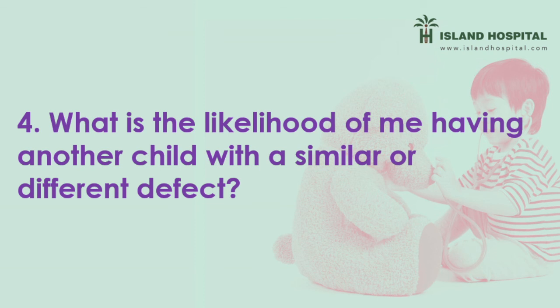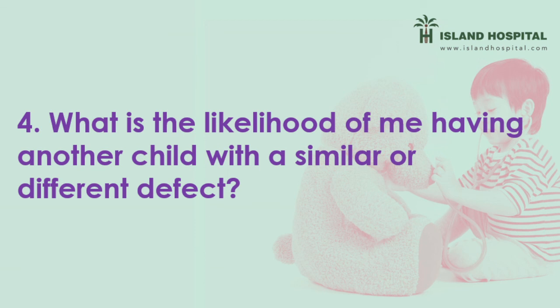But yes, if a first baby has had a heart condition, and more so if the baby has associated signs, like a chromosomal disorder or a genetic disorder that predisposes to a heart defect, yes, there's a slightly increased risk that the second baby might have the same condition or a related heart condition.